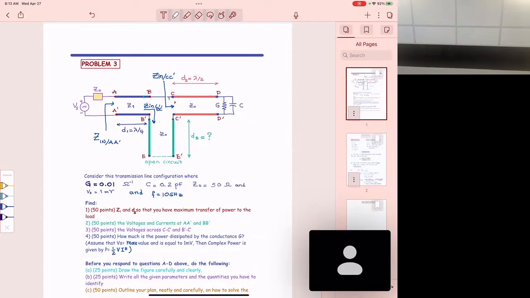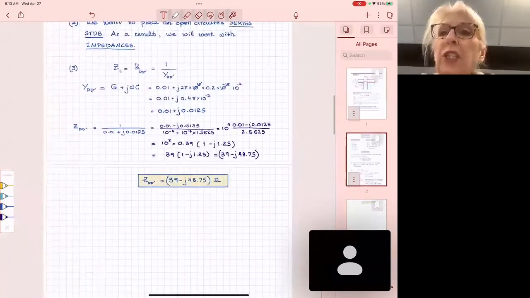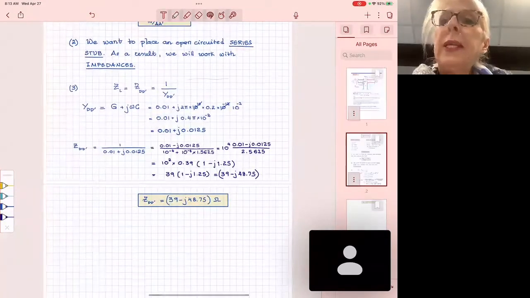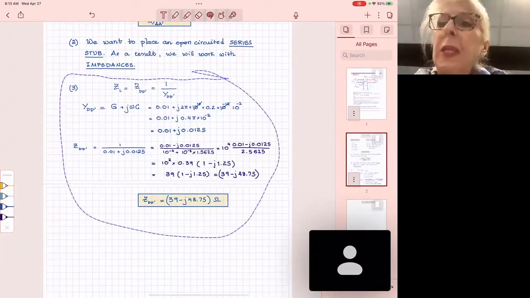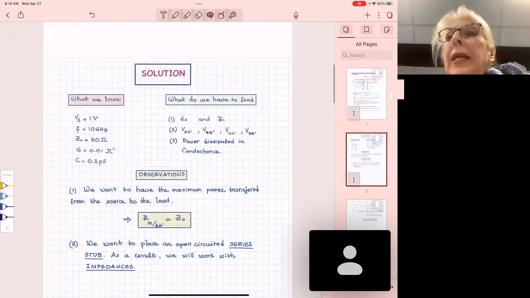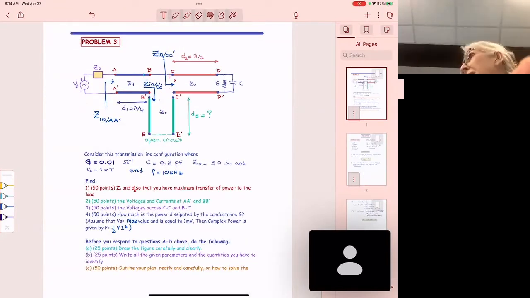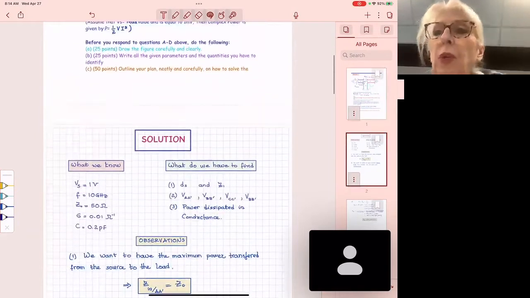So practically, if I were to write down here, after my observation, I can move this part. Here is what I would say. If I were to replace my shunt stub by an impedance, my circuit will look like this.